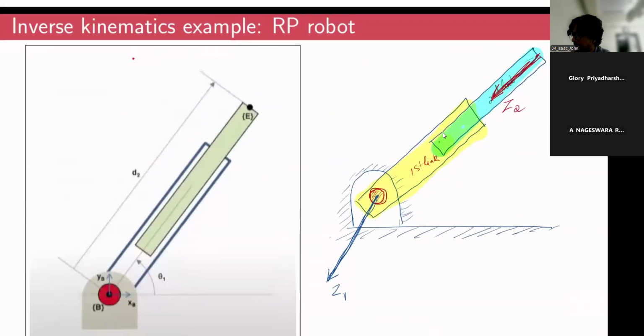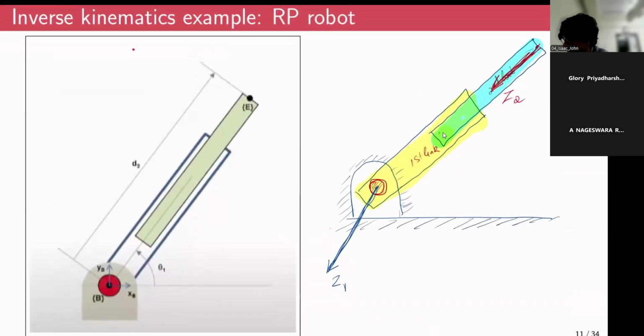So if you want to find out the DH parameters, you have your first joint, something like this. Maybe I'll draw it in a different configuration for more clarity. Instead of this tilted configuration, I'll just draw it in a horizontal configuration, something like this.